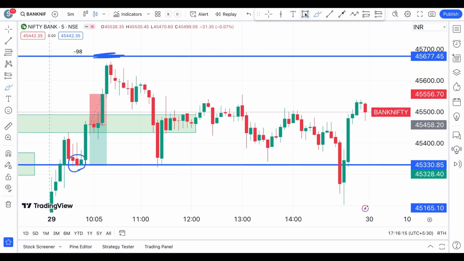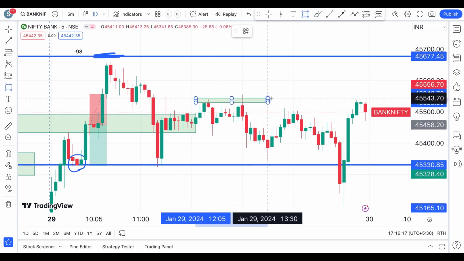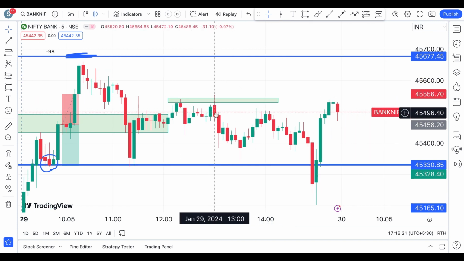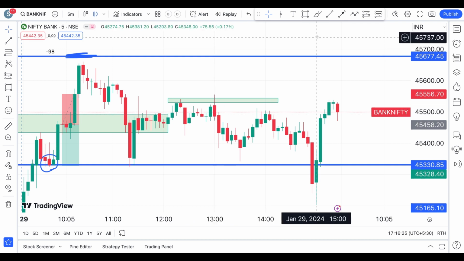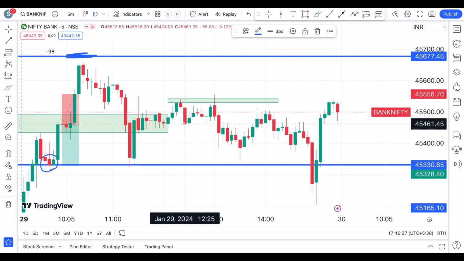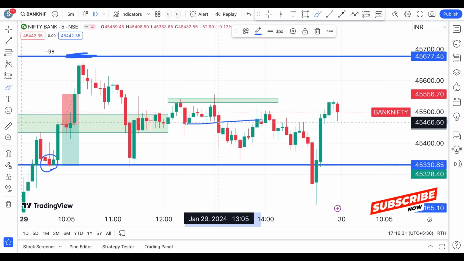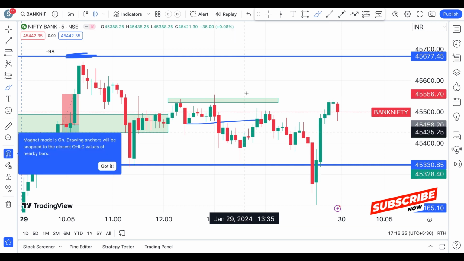But in the meantime, you can see that this is a small swing high where you have seen another bearish candle. So here you would have taken a trade, but here also your risk versus reward ratio is not looking that great. Here this is only your reward, and this becomes your stop loss if you are taking that trade.